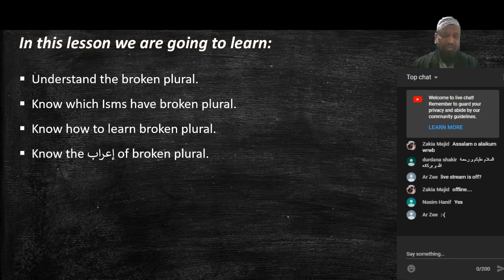So we need to add the noon with kasra to show it is al-muthanna. So this is the i'rab of al-muthanna.